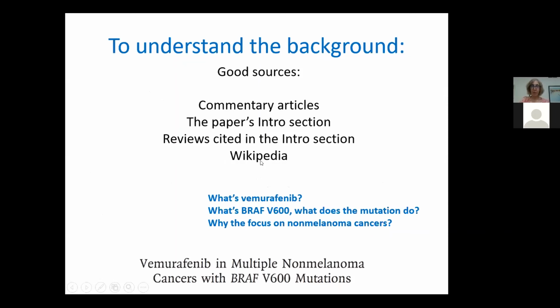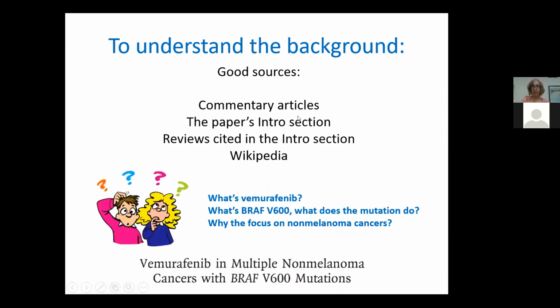We've talked a little bit about Wikipedia, reviews, commentary articles, and the paper's introduction section. So, for instance, the paper that we're looking at now, this vemurafenib in multiple non-melanoma cancers. Well, what's vemurafenib? What's BRAF V600? What does the mutation do? And why is this focus on non-melanoma cancers? You know, why? What's important about this?